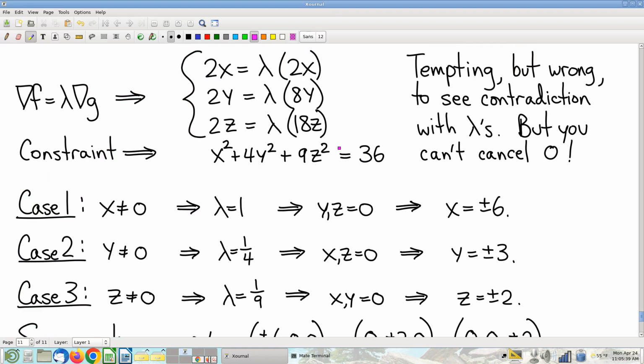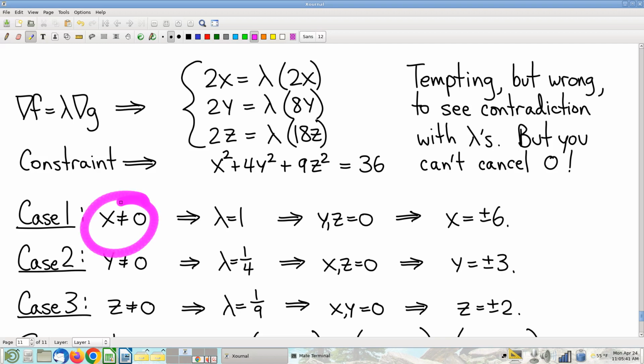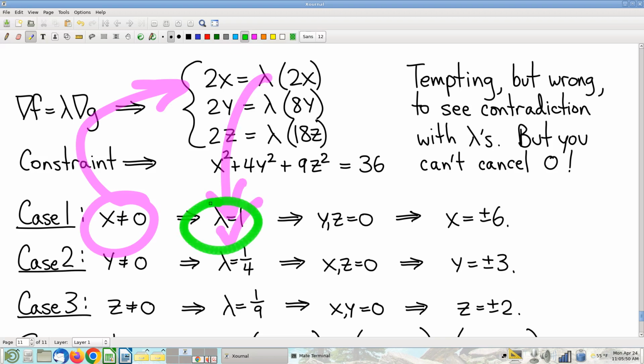So what's interesting though, notice if you assume x is non-zero, then yes indeed, you can solve for that lambda. Lambda is 1. When you take that 1 and you plug it into here and here, that does tell you information. If lambda's 1, y and z have to be 0.